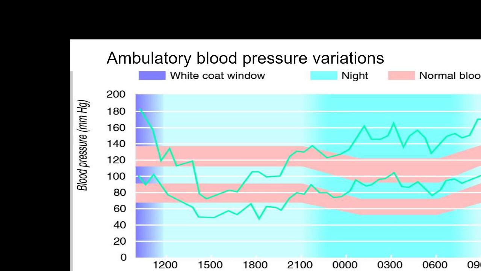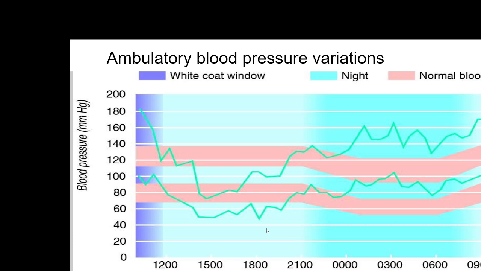It varies according to physical activity, as well as diurnal changes. In any person it will vary according to the time interval; usually at night the blood pressure would be comparatively lower, and in the active phase it would be slightly higher. There will be a fluctuation.